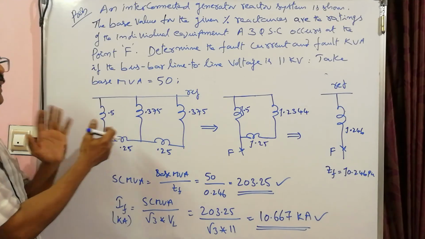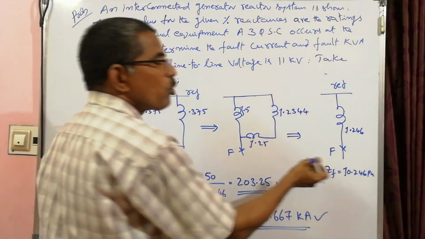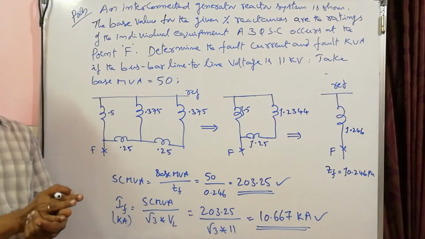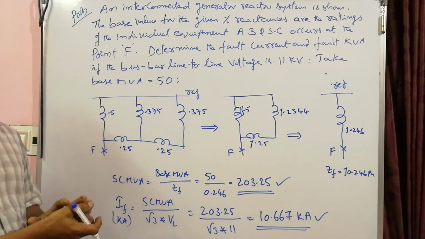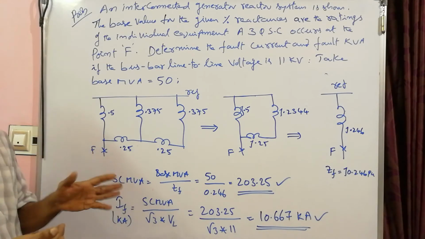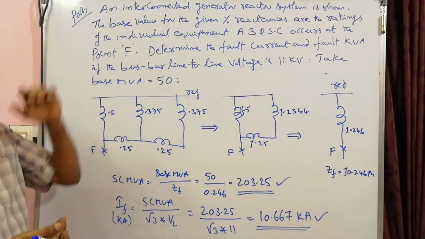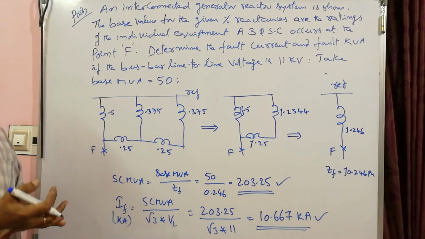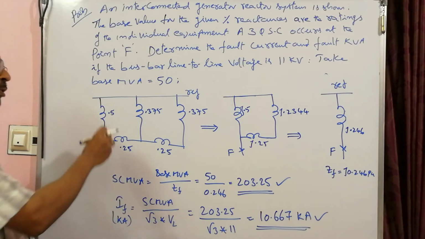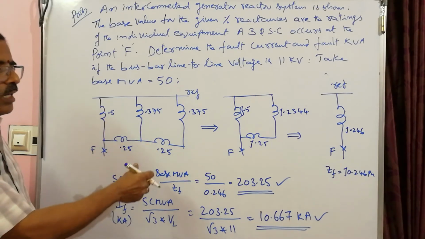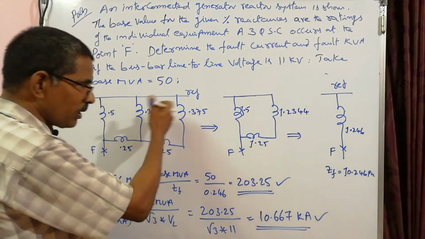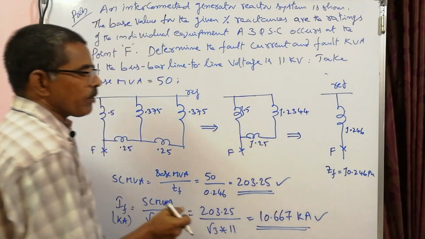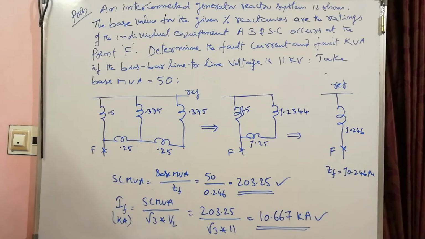When no fault reactance, ZF, if you assume 0, the fault current will be 1 per unit divided by 0, it is infinite. So under ideal conditions, the fault current is expected to be infinite, but because of the limiting reactances here and there, the fault current is going to be decreased, and now for this system given, you are getting a fault current of 10.667 kiloamps.